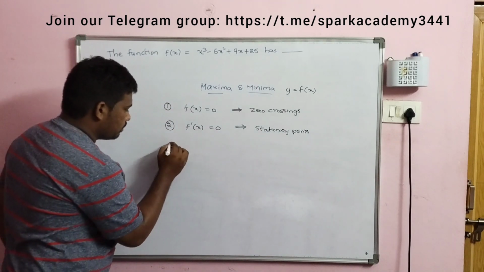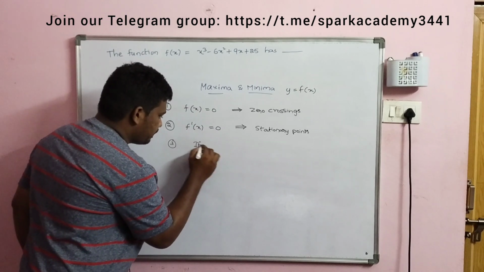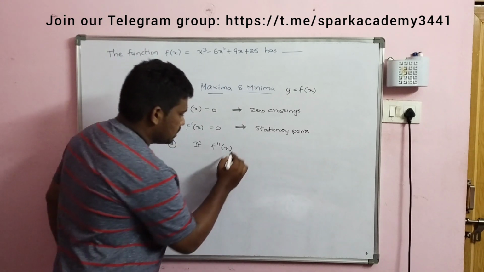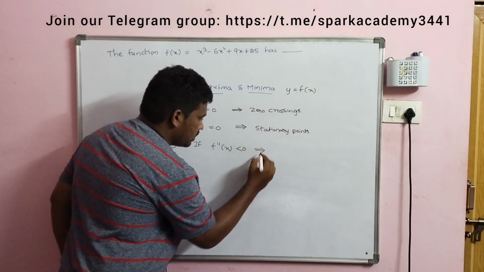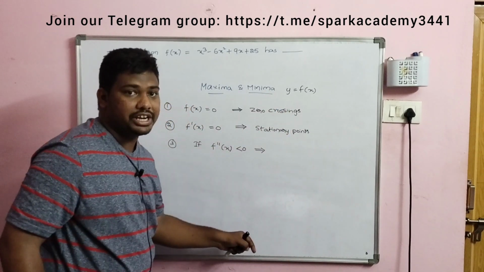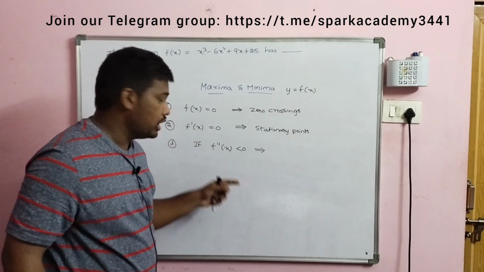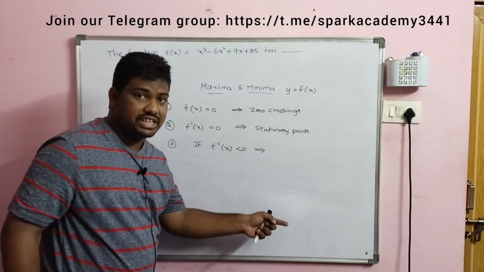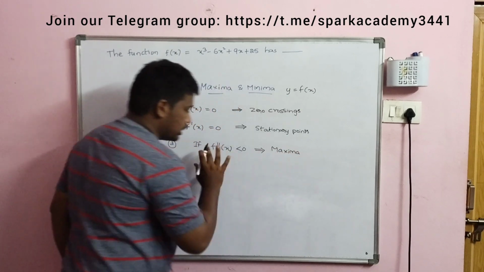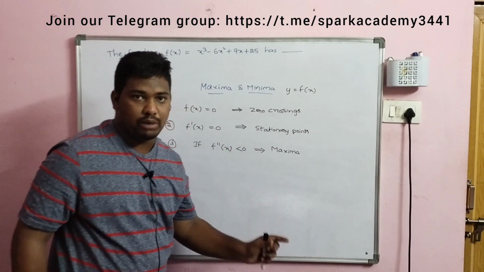And the third most important point to be remembered is, if f double dash x is less than 0, that is, the given function f of x is double differentiated and the values are substituted. I will show this through the example. If f double dash x is less than 0, then that particular function becomes maxima at that point. The value we substituted here, at that point the function becomes maxima, right?